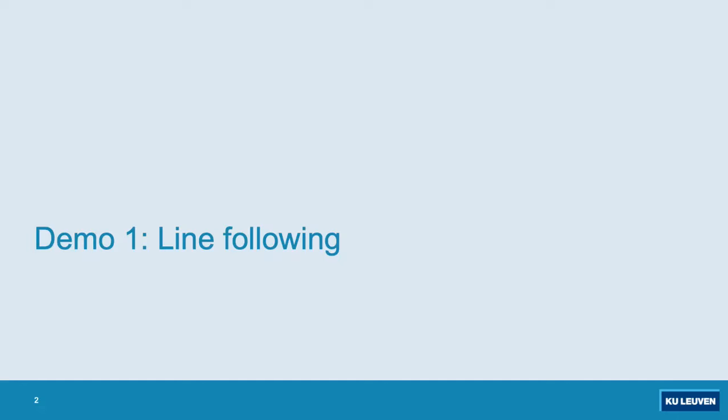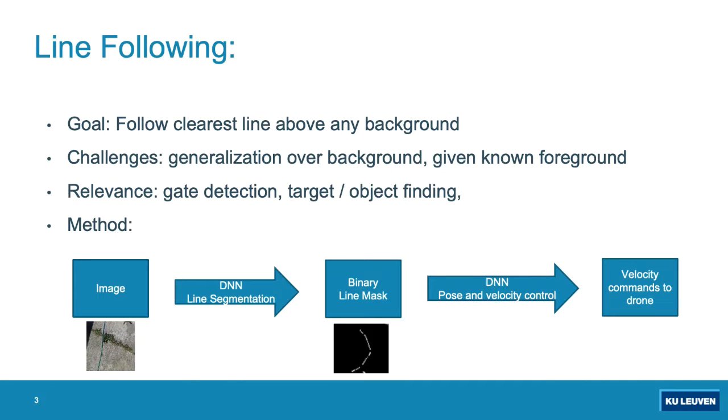So it's a neural network that has the task of following the clearest line above any background based on camera images. The challenge here is to discriminate the foreground from the background, so you have to generalize over many different backgrounds. Why is it relevant?